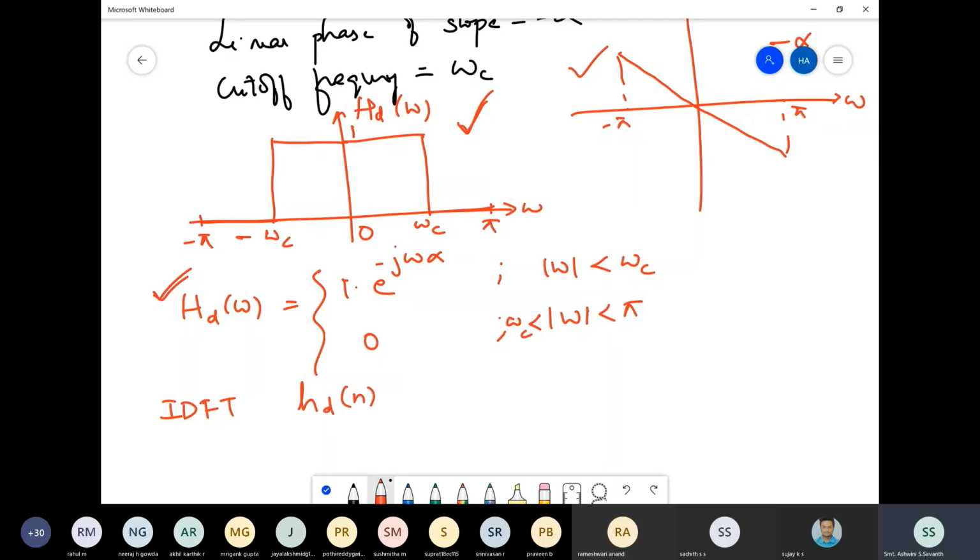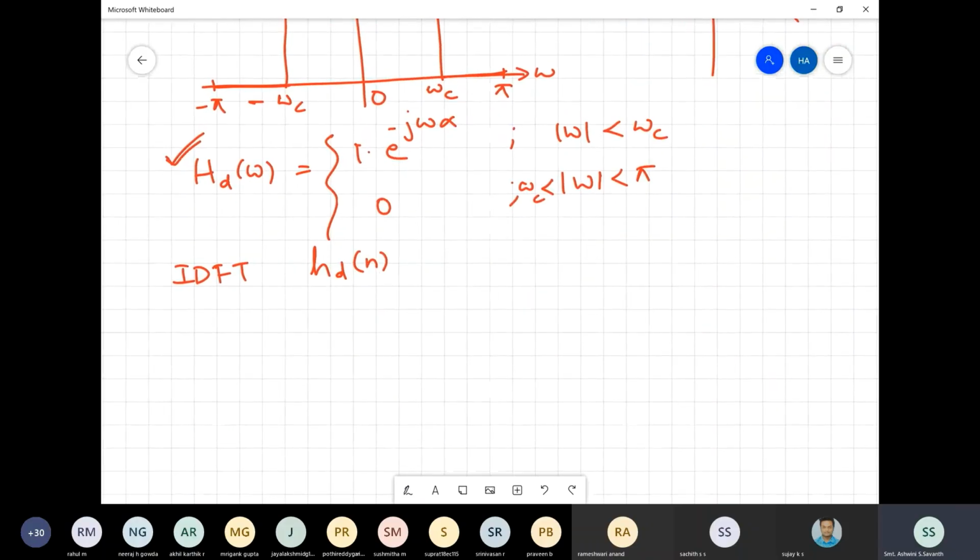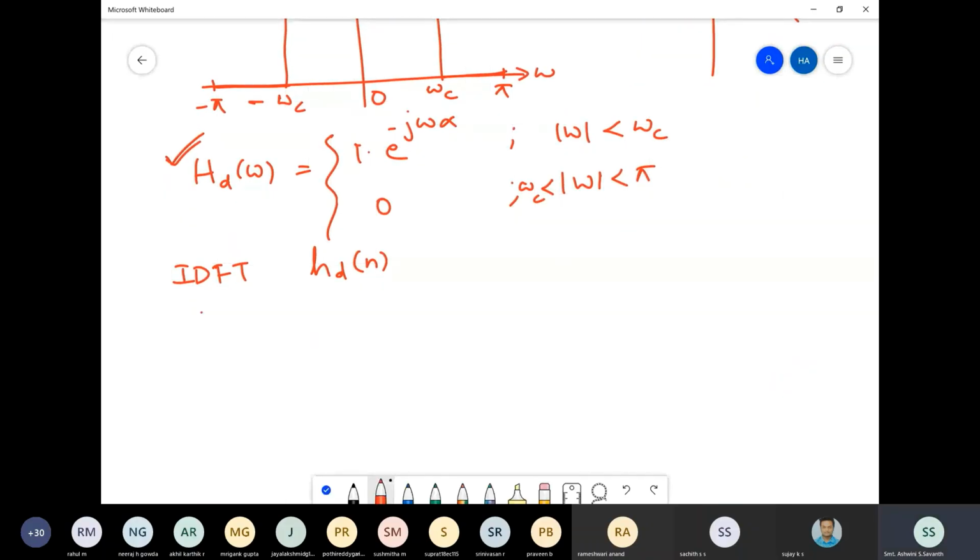Now, using the inverse DTFT formula, let us find out what HD of n is. We know that HD of n is 1 by 2 pi integral from minus pi to pi of HD of omega e power j omega n d omega.